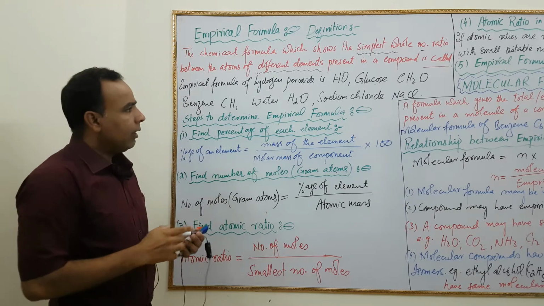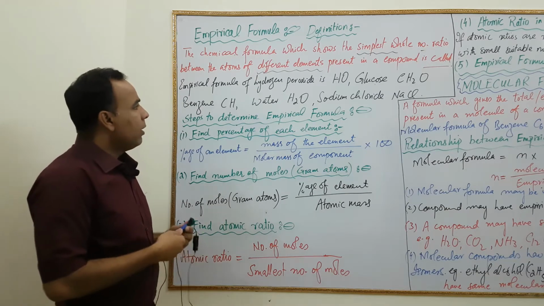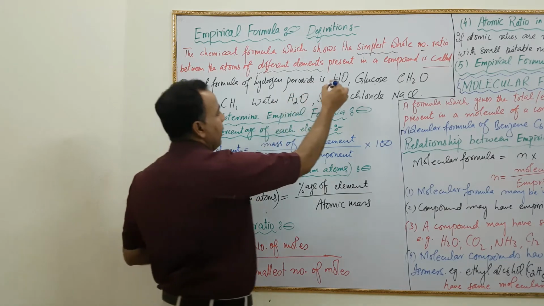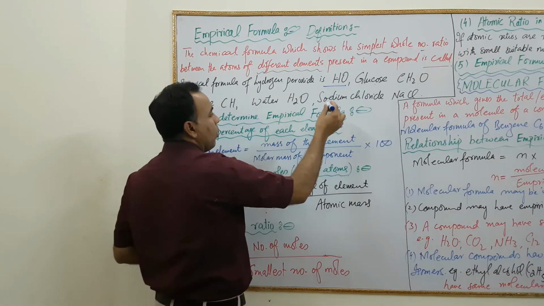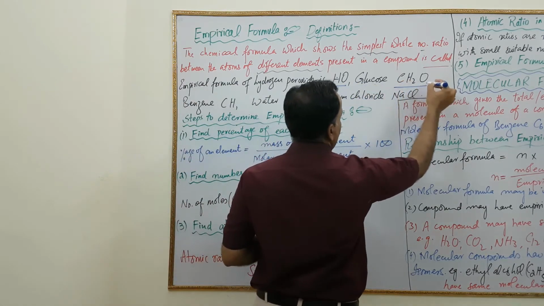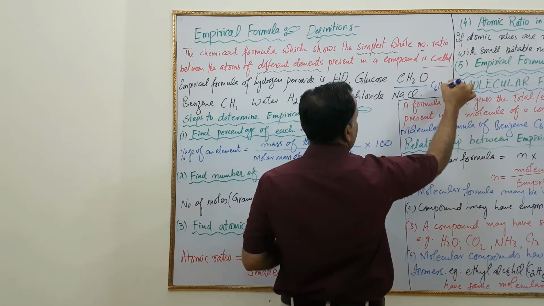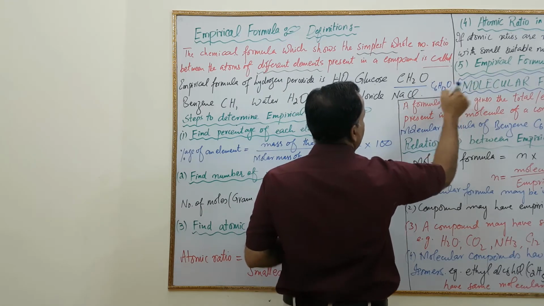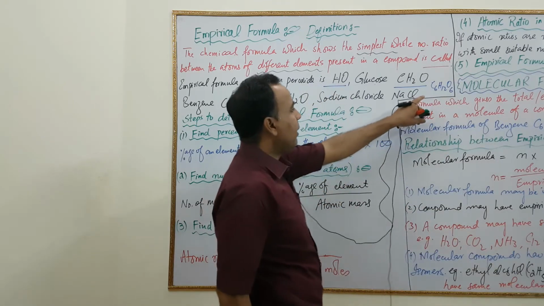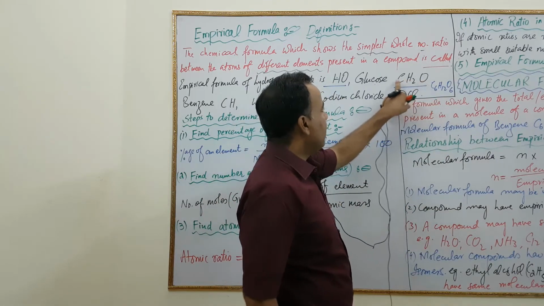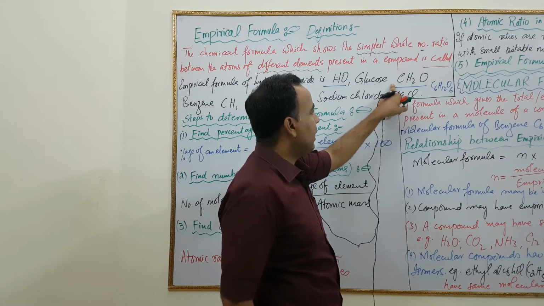For example, the empirical formula of hydrogen peroxide is HO, and of glucose is CH2O. The molecular formula of glucose is C6H12O6, and we will divide it by 6. Therefore, its simplest formula is CH2O.